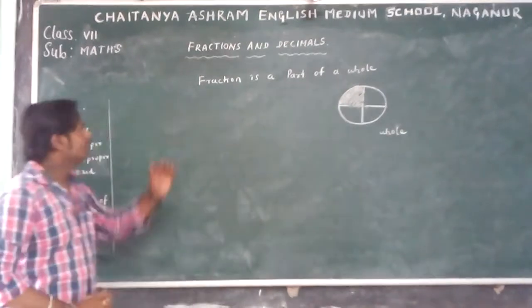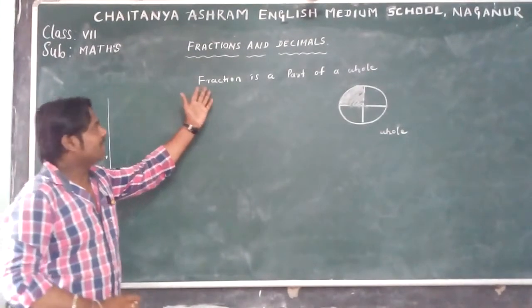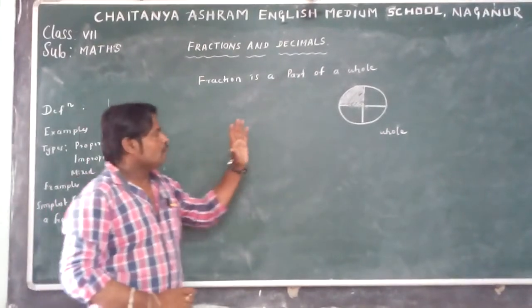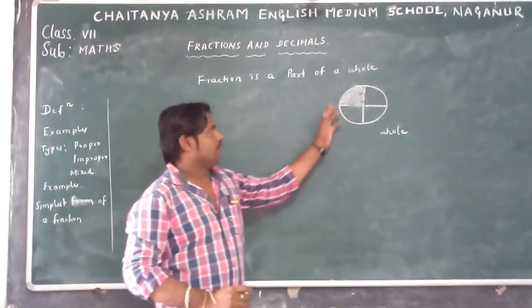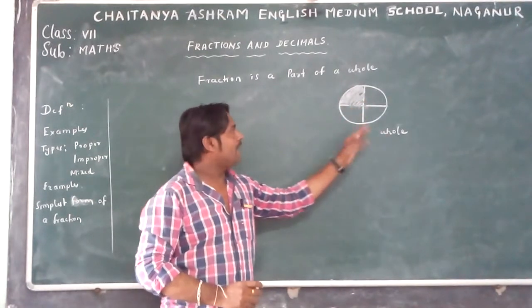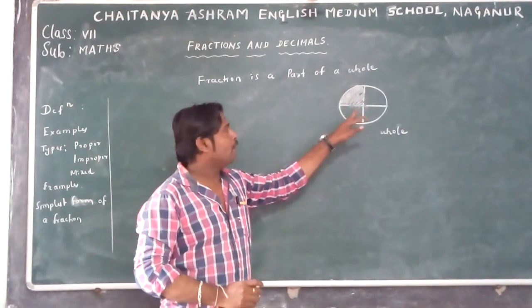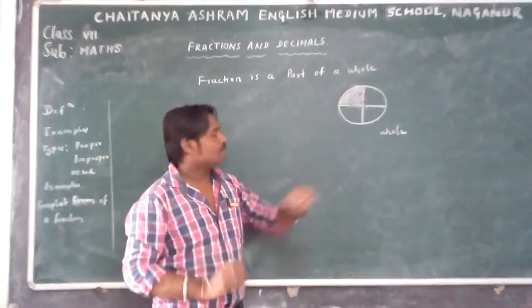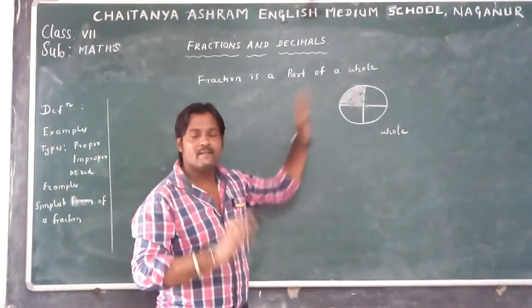So come to the point: fraction is a part of a whole. Here, this is a circle. We treated it as a whole. I divided this circle into 4 equal parts, and out of 4, I shaded one part.